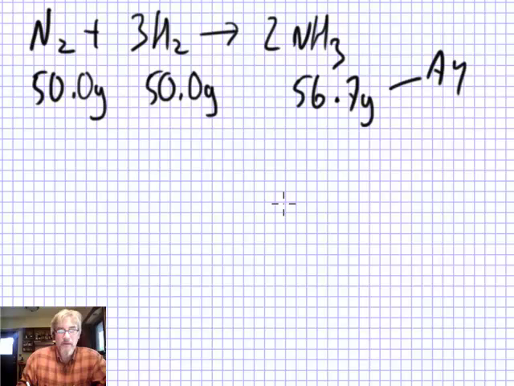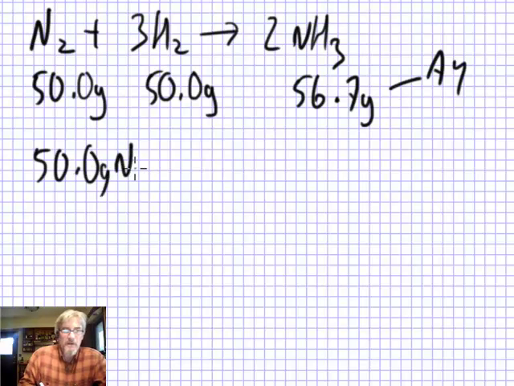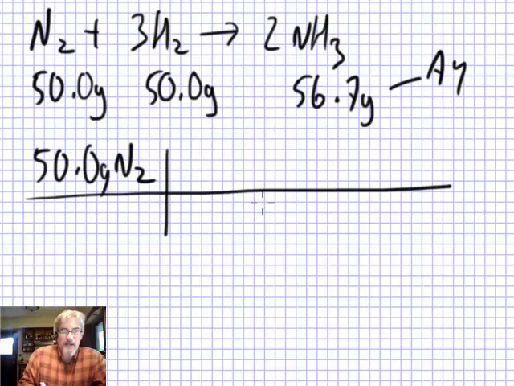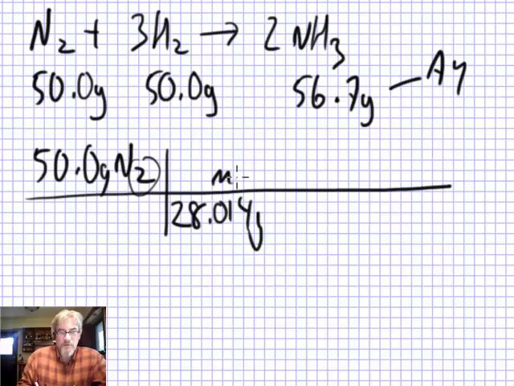Well, we have information about both reactants, so we have to figure out the limiting reactant before we can solve this problem. So I'll start out with 50.0 grams of nitrogen, and I'll determine how many grams of hydrogen does it take to use that up. Nitrogen is diatomic here, so I'll double the molar mass in the periodic table to get 28.014 grams per mole. Now I have moles of nitrogen.